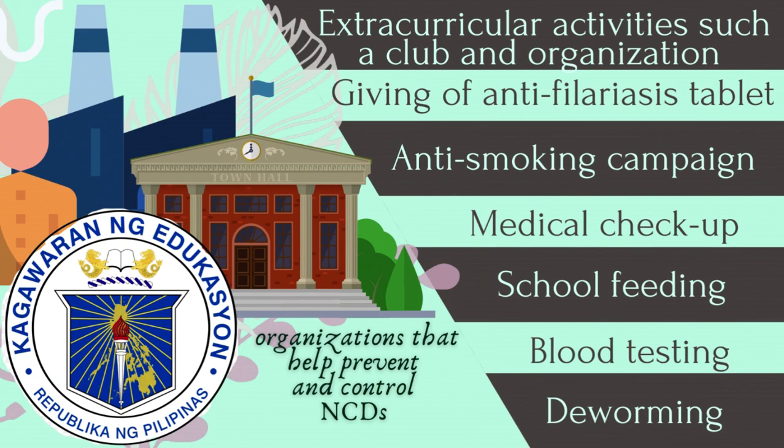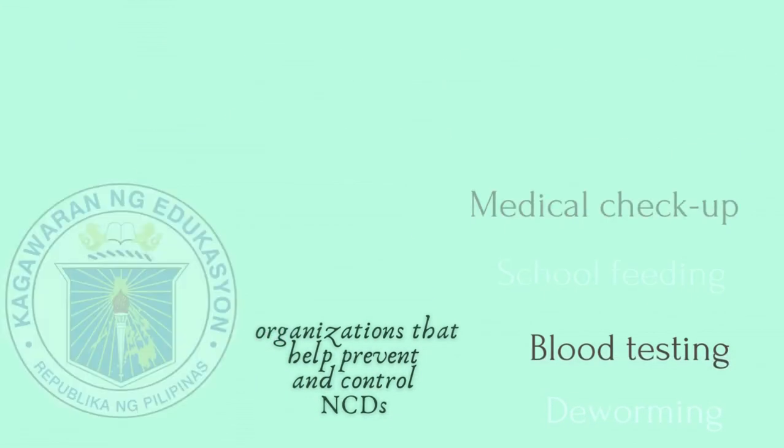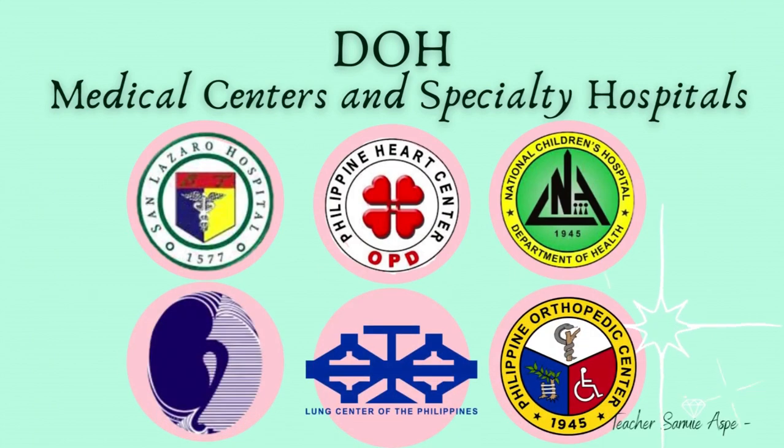And these are the following: lastly are the various Department of Health medical centers and specialty hospitals. For the next slides, you're going to see the different pictures and the location of each medical center and specialty hospital.